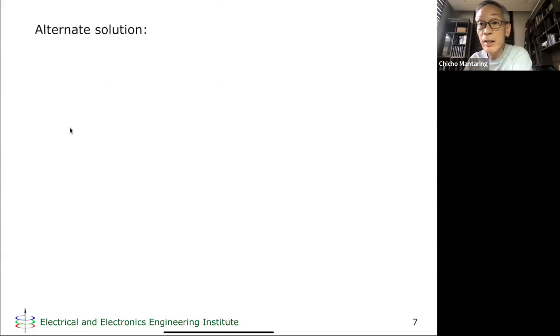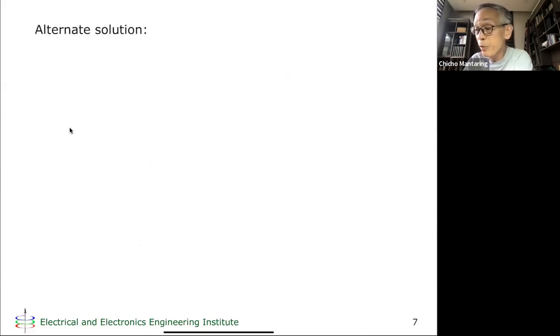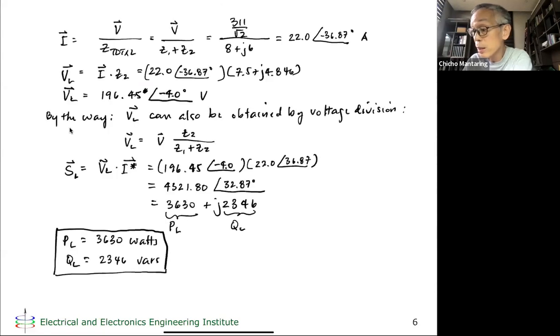Alternate solution. Like I said, in our time, we didn't like doing complex calculations because we didn't have complex number calculators. So we always wanted to do things in the simplest possible way you would be able to do it manually. So, for example, what is an alternate solution?